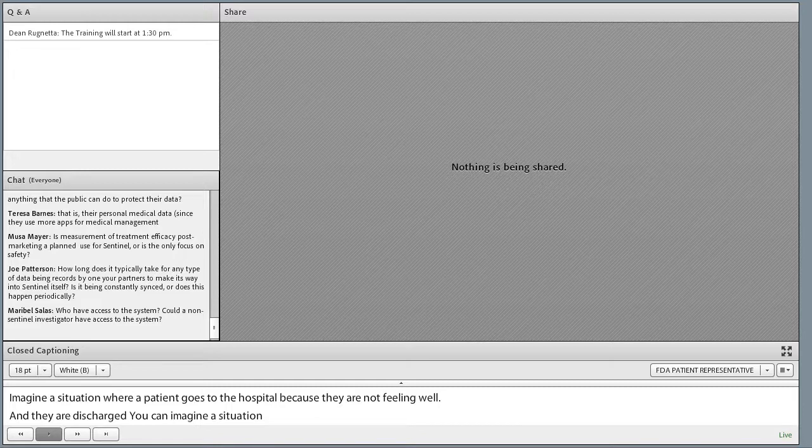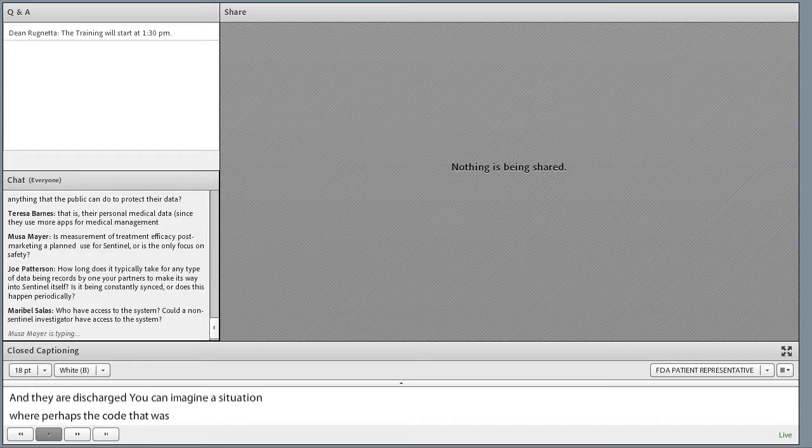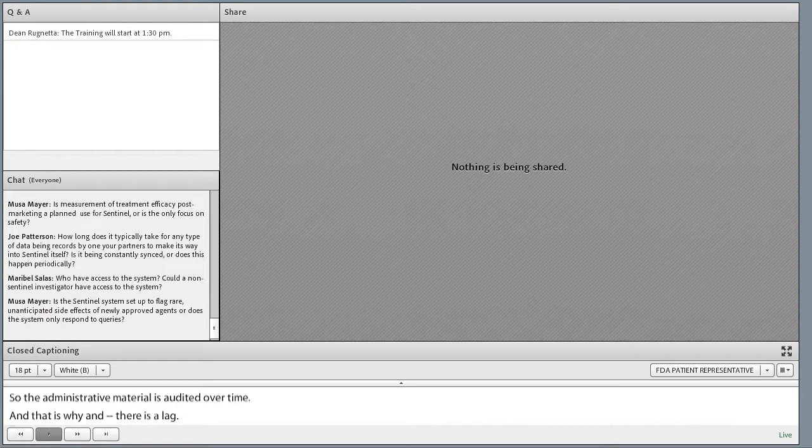And so the administrative trail effectively gets audited over time. And so that's one reason why there's a lag, is because you have situations that could change after the fact. And we want to make sure that the data are completely accurate, and we want to give them a chance for the data to, quote unquote, to settle. And so for medical data, that usually involves a few months.